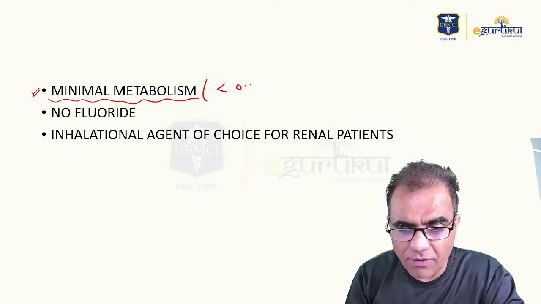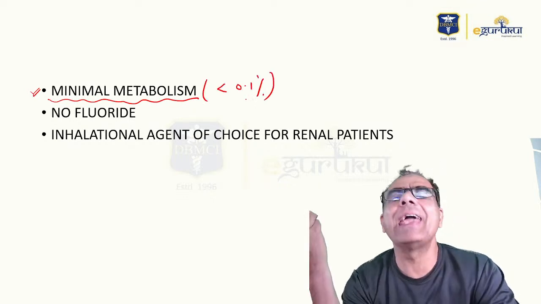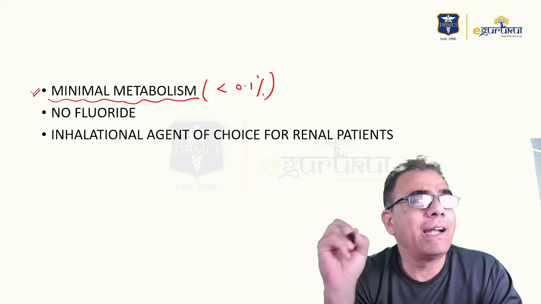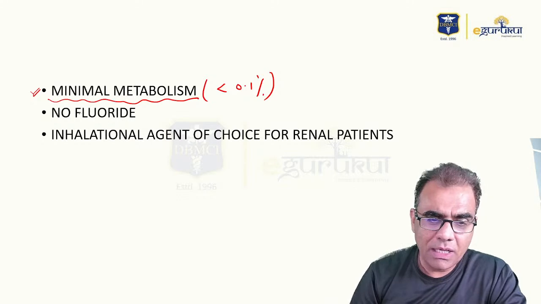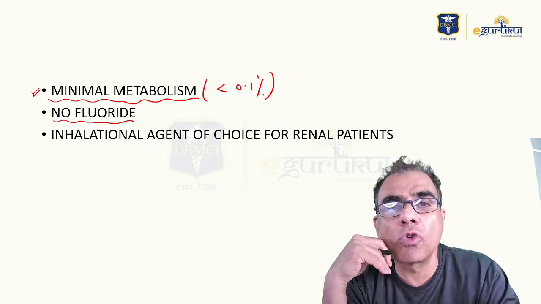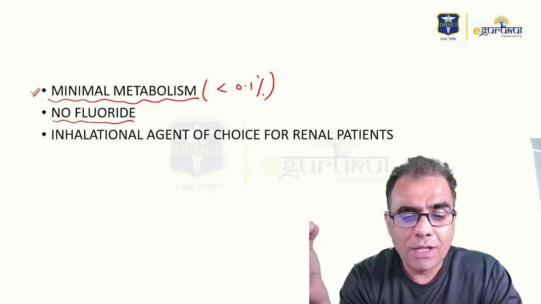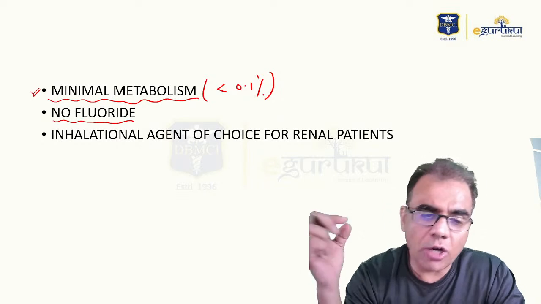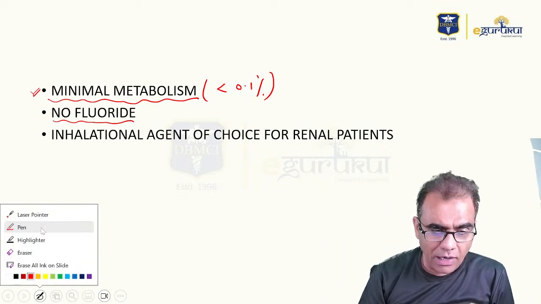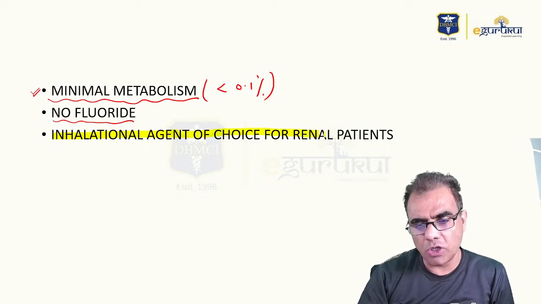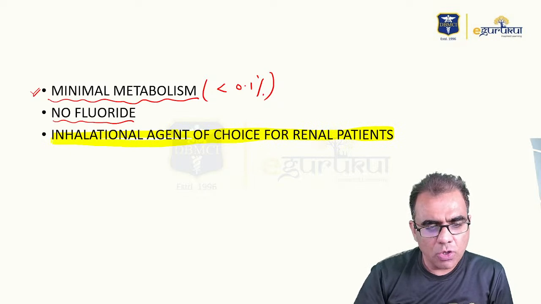Metabolism is less than 0.1%, means almost negligible metabolism. And on metabolism, these inhalation agents produce fluoride, so it will not produce fluoride. And you all know that fluoride can cause nephrotoxicity. So it does not produce fluoride, making it the inhalational agent of choice for renal patients because it does not produce fluoride.